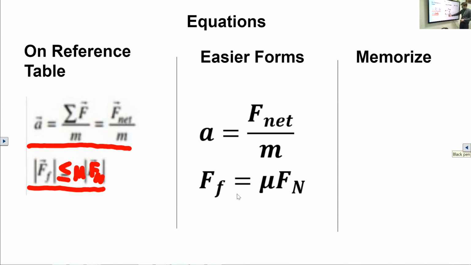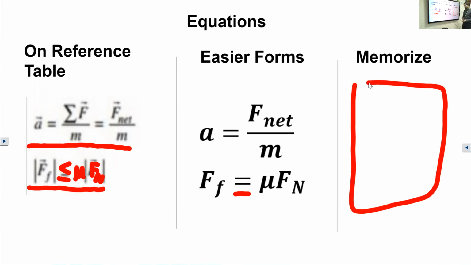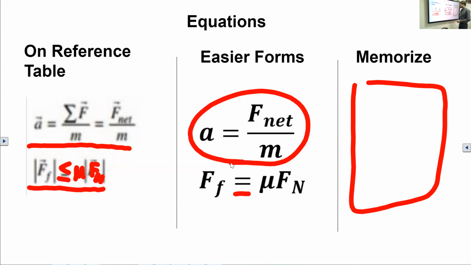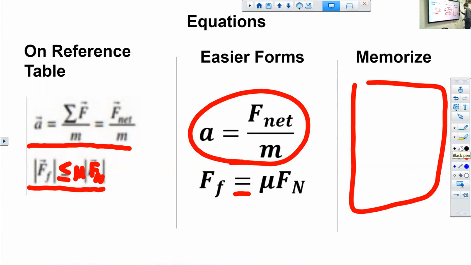The easier versions just have that the force of friction is equal to U times normal force. I'm going to explain why that's not always the case at the end of this presentation. Dynamics is a complicated unit with a lot of different ideas, but luckily for us, not a lot of memorized equations have to be done. Most of the work we're going to deal with is just A is equal to net force over M.